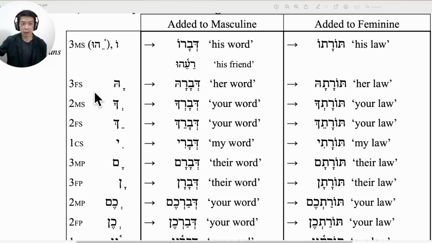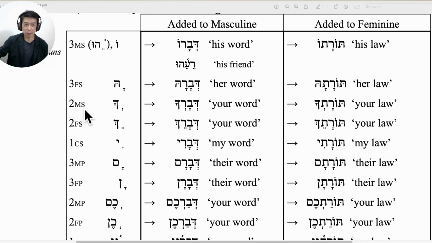For third person feminine singular, this kamets is added to the end of the word. So it becomes Devara. For her law, it becomes Torata.